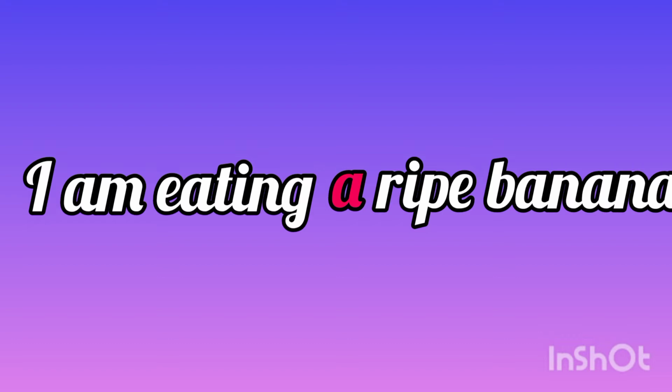By definition, the word or the phrase that is placed right in front of a noun or a noun phrase in the sentence to modify its meaning is called a determiner. So in this sentence, a is a determiner because it is coming right in front of the phrase ripe banana. What purpose is it serving? It is telling us that I am eating just one ripe banana.